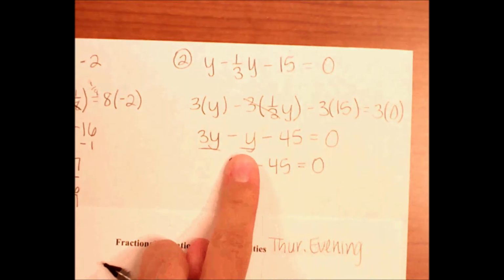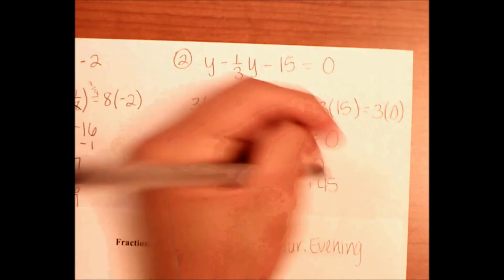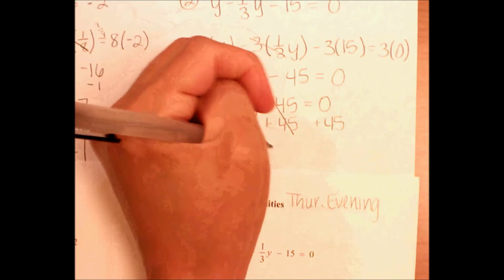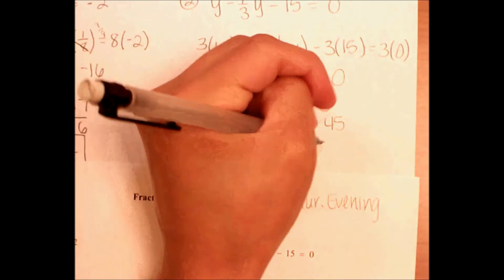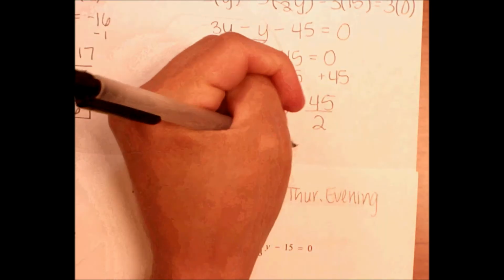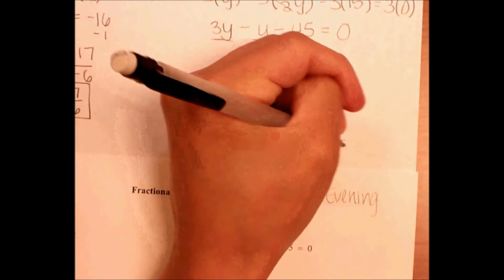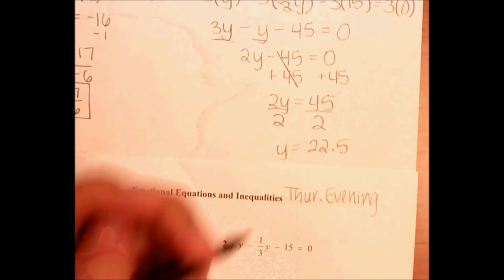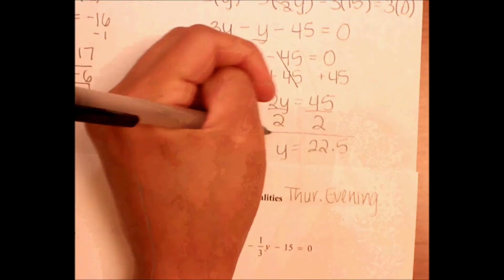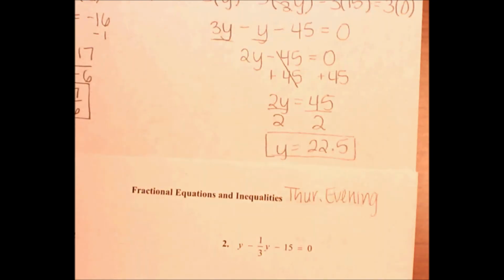We need to get rid of that minus 45, so we're going to add 45 to each side. So 2y equals 45. Divide both sides by 2. y equals 22.5, or 45 over 2 as a fraction.